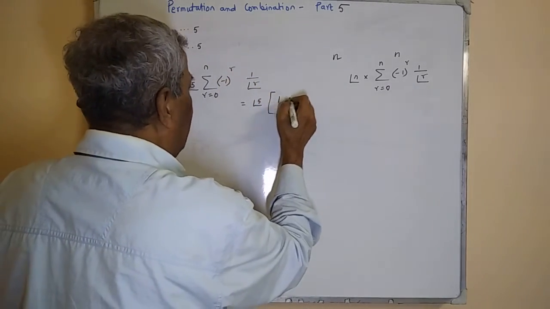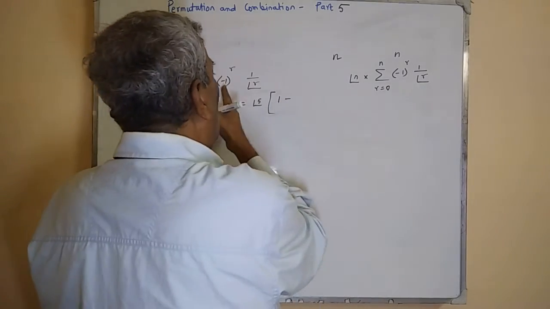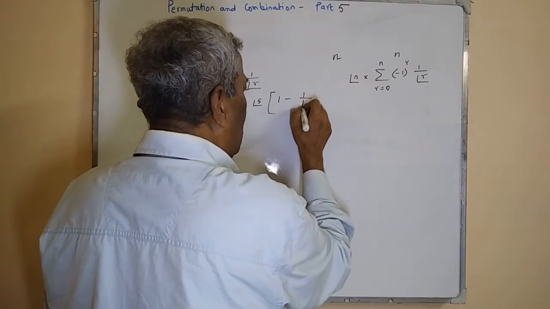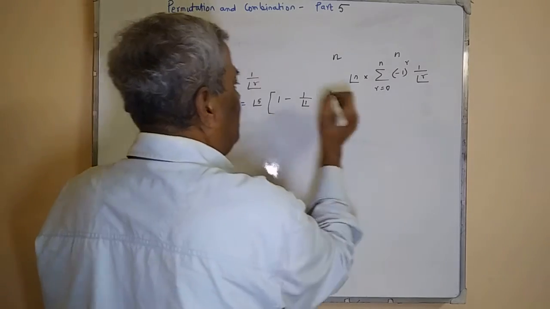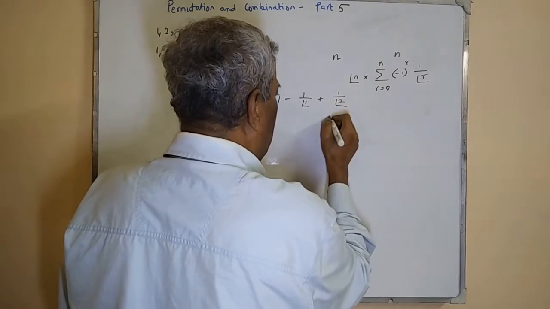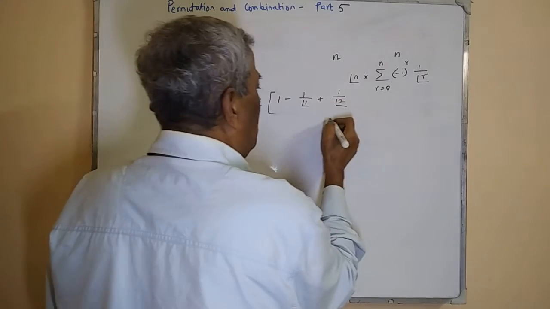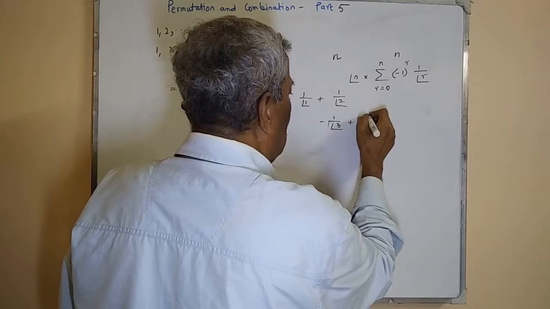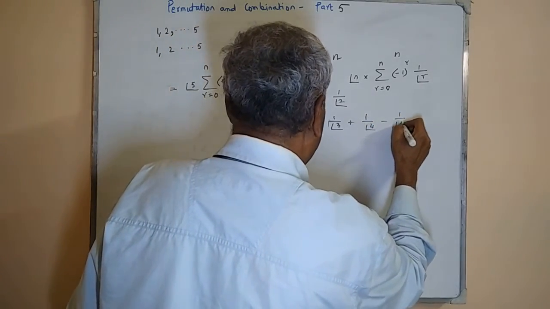Then r equal to 1, it is minus 1 by factorial 1. Then r equal to 2 means this will be positive, plus 1 by factorial 2. Then r equal to 3, it is negative, minus 1 by factorial 3, plus 1 by factorial 4, minus 1 upon factorial 5.